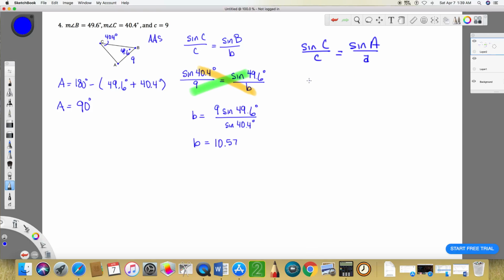So the sine of C was 40.4 over 9. The sine of 90 over a. I'm trying to figure out a. Well, I know what the sine of 90 is. The sine of 90 is 1.